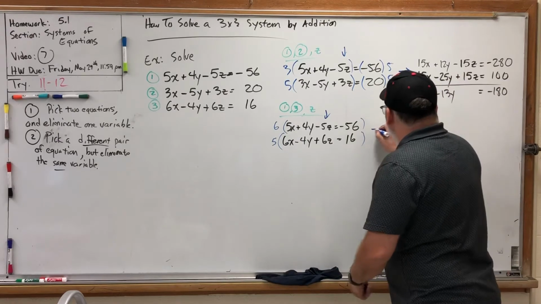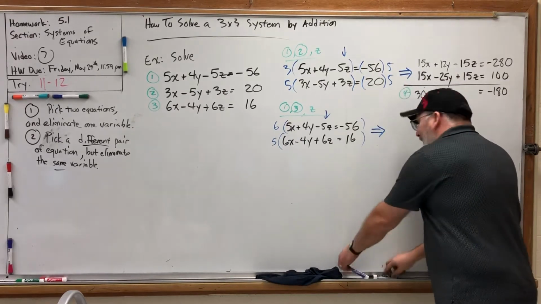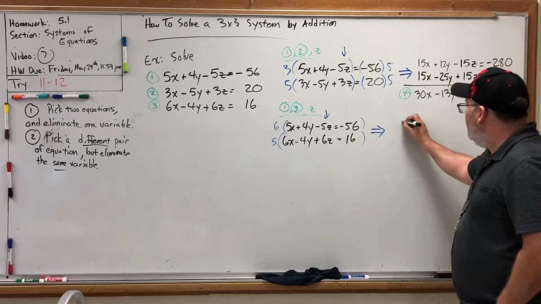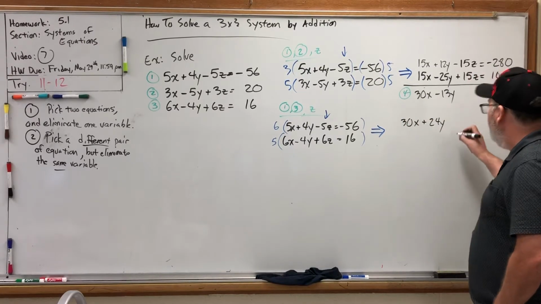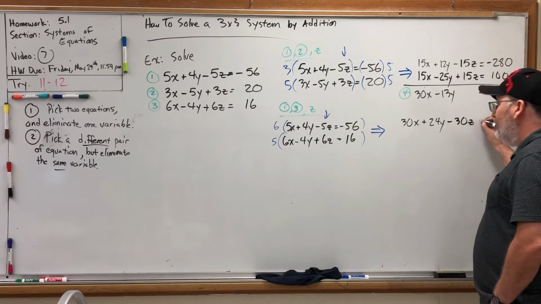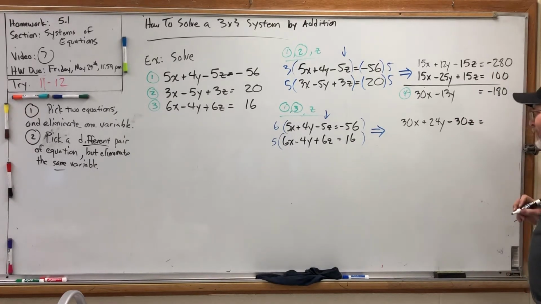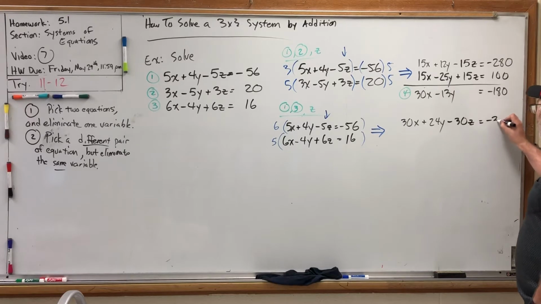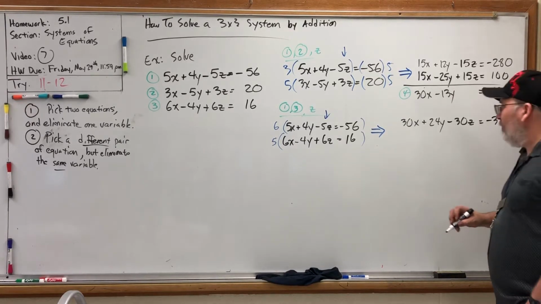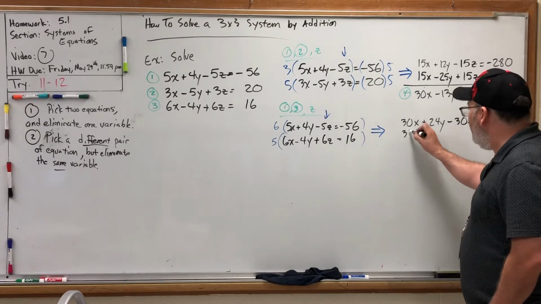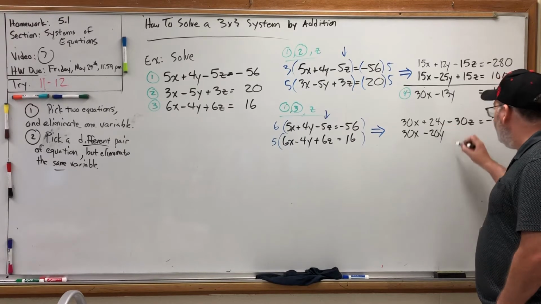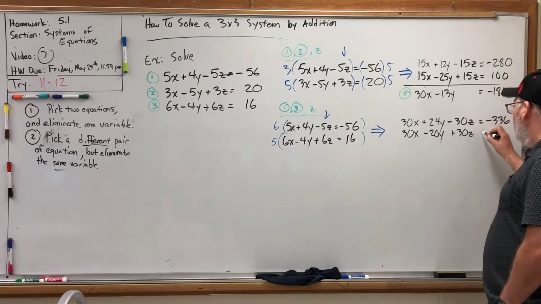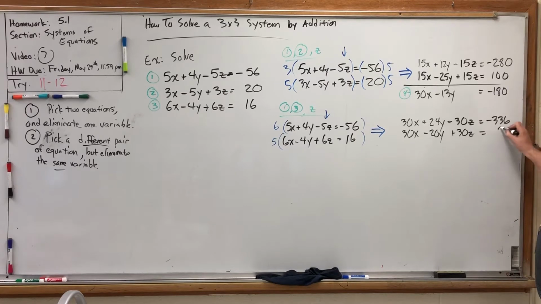That will give us, on the top, if I multiply by 6, 30x plus 24y minus 30z equals negative 336. Let me make sure. Yeah. And the second equation, if I multiply it by 5, will give us 30x minus 20y plus 30z, there's my opposites, equals 80.